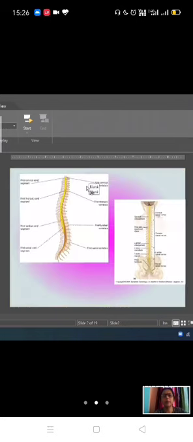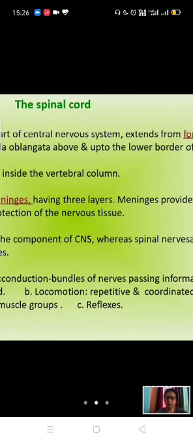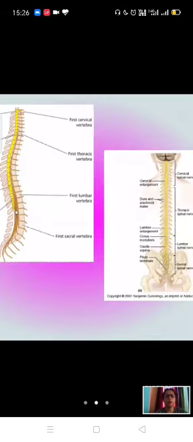Here you see in this picture, these are the cauda equina. This is filum terminale, and here is conus medullaris.